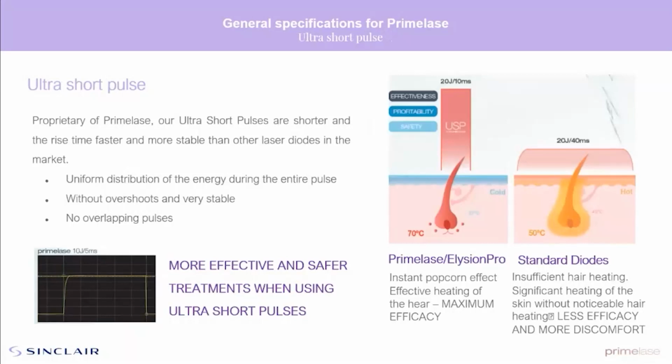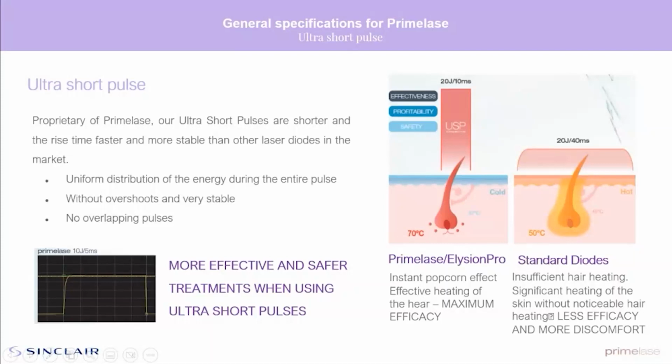So that's why we can present one of the main features of our devices, the ultra short pulse technology, also mentioned as USP technology. It just means what we already explained. If we have the option of emitting really short pulses, we have the capability of really focusing on heating up the hair in a short time to reach high temperatures, while we are not producing any effect on the surrounding tissue.